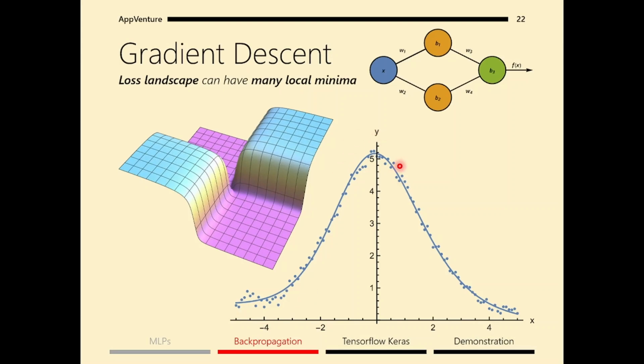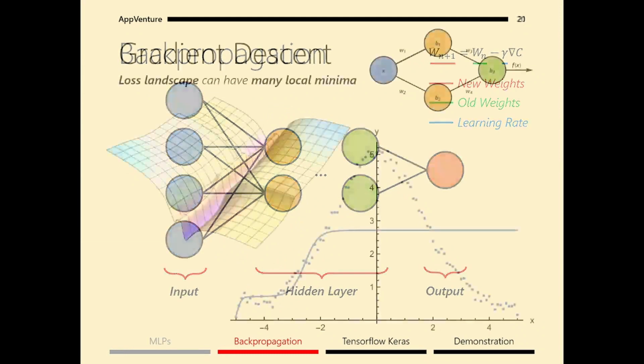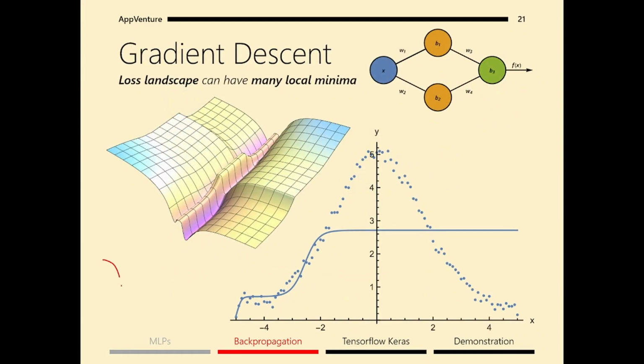So it won't always converge to the same minima, and even if it converges to the same minima, that minima might be a local minima rather than a global one, because you can imagine that the optimization space could have multiple bumps, multiple minima like this.